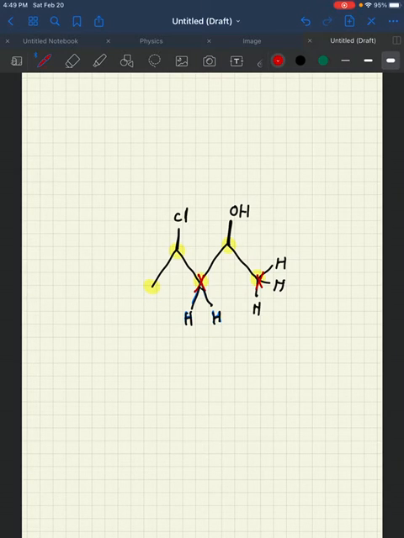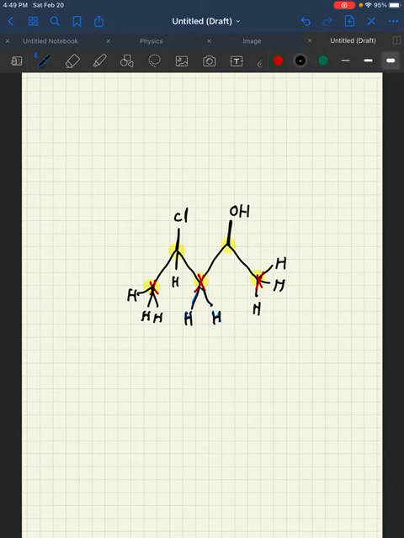And once again, we know that over here there's going to be 3 hydrogens. So let's take a look at this chlorine right up here. We know there's a hydrogen right here. 2, 4, 6, 8. Oh, look at that, we hit the octet.